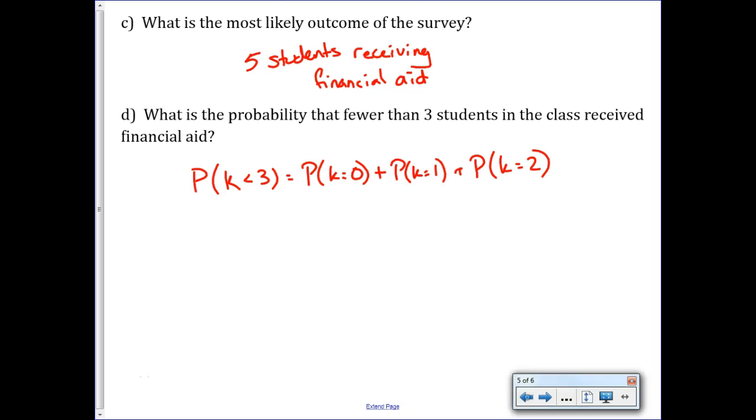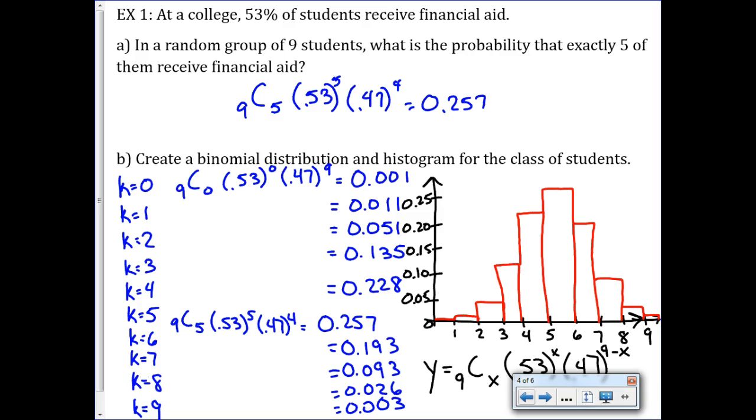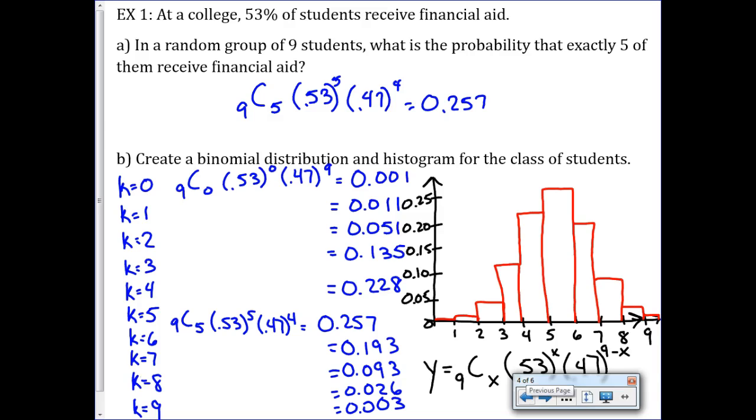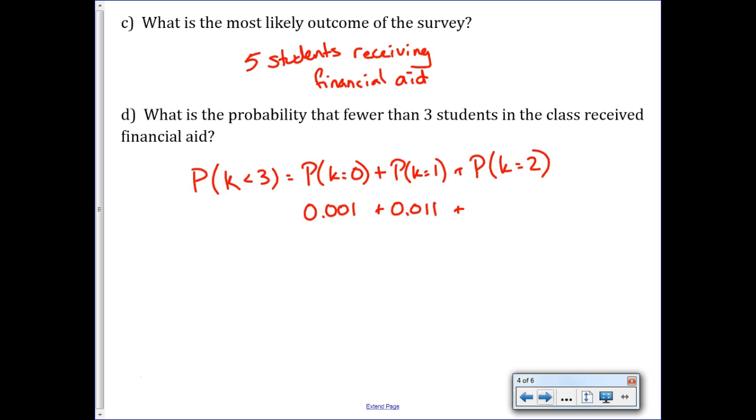If you go back, k equals 0 was 0.001, k equals 1 was 0.011, and k equals 2 is 0.051. If we add those together, we get 0.063.